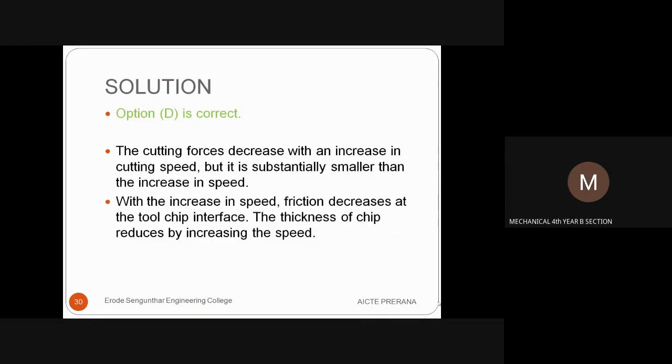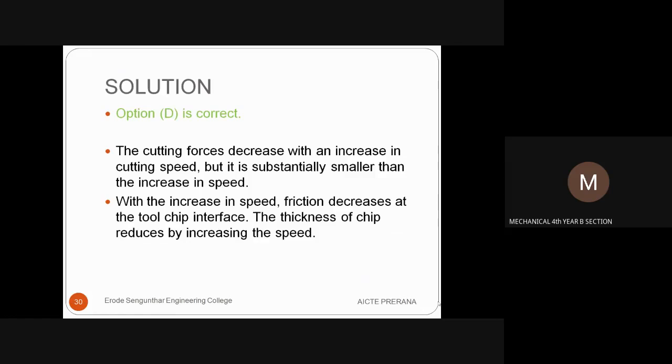Let us see the explanation again. The cutting forces decrease with an increase in cutting speed. The amount of force applied on the material decreases while increasing the cutting speed. That is what they are trying to say, but it is substantially smaller than the increase in speed. Next point: with the increase in speed, friction decreases at the tool chip interface.